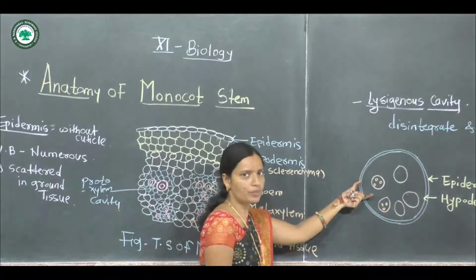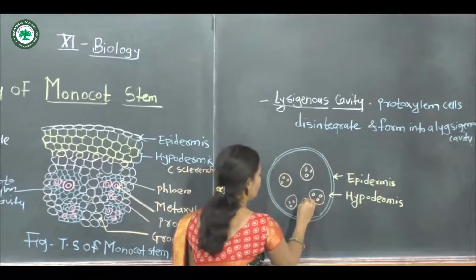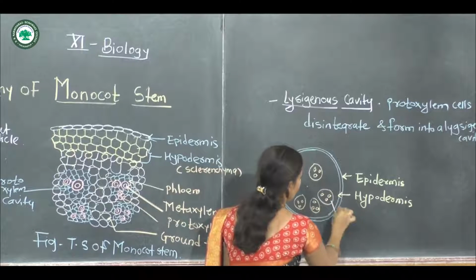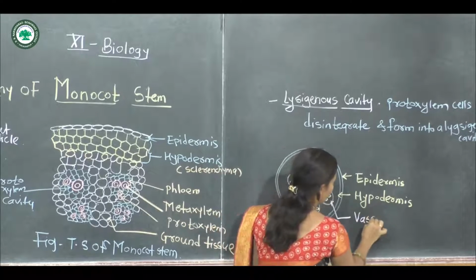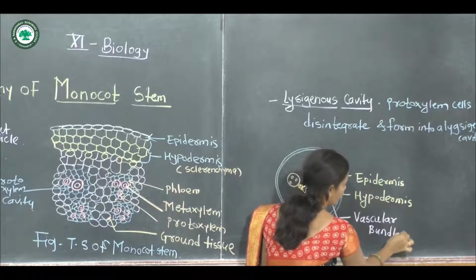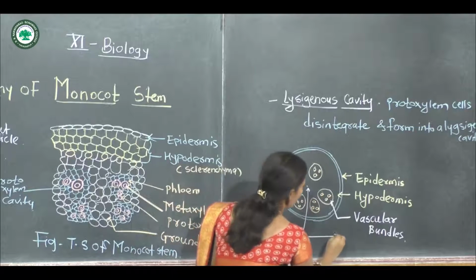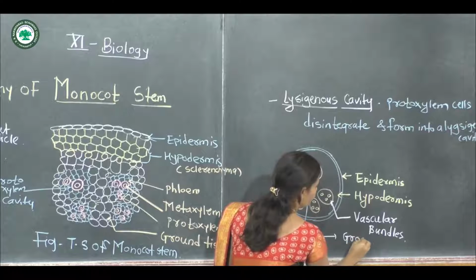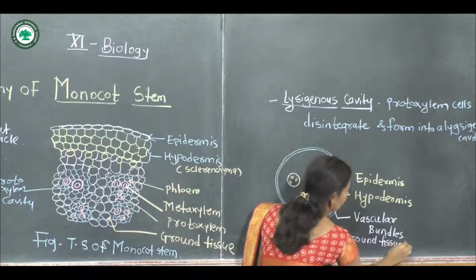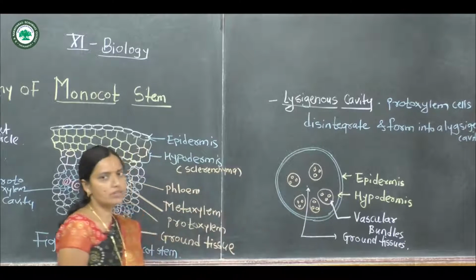Phloem is also present in this region. These are the vascular bundles, and the central part is called the ground tissue. This is the simple structure of the transverse section of the monocot stem.